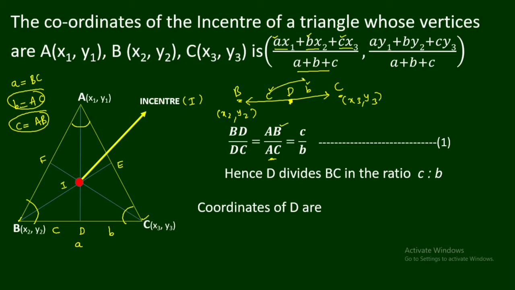By using that you will get (cx3 + bx2) / (c + b), comma (cy3 + by2) / (c + b). So these are the coordinates of D.